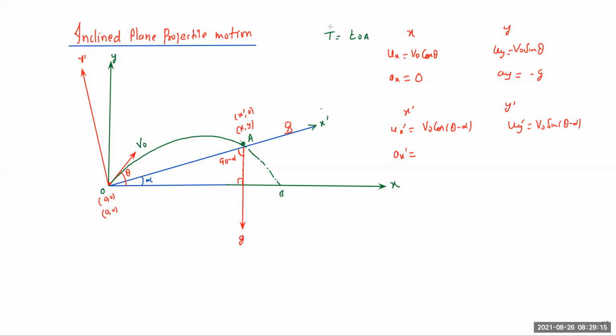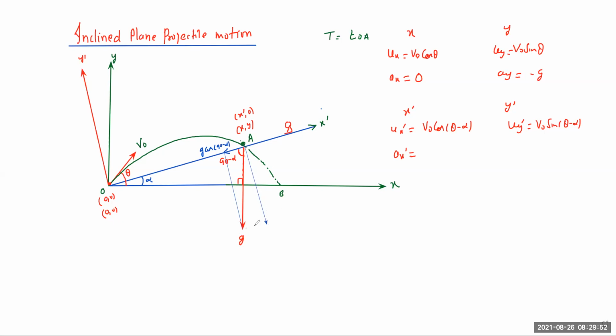In fact, I can see it also. If I draw a perpendicular from here to the x dash, I can see the component. So what is the component of g along this direction? You can find it's opposite to x dash, and the value is g cos 90 minus alpha. And there is another component which is perpendicular to the x dash axis.